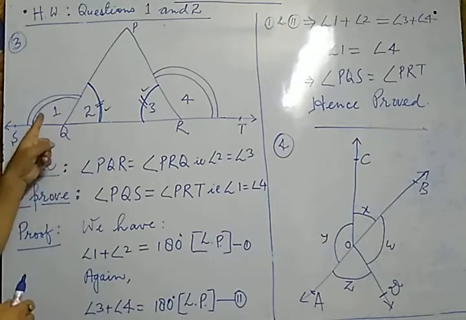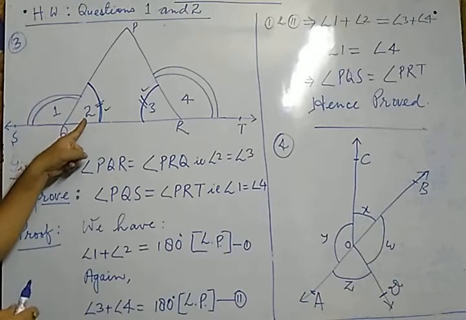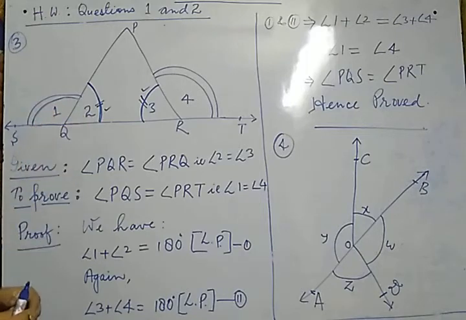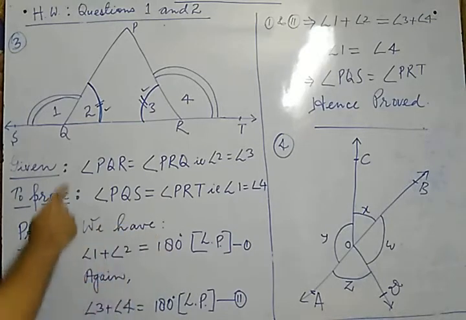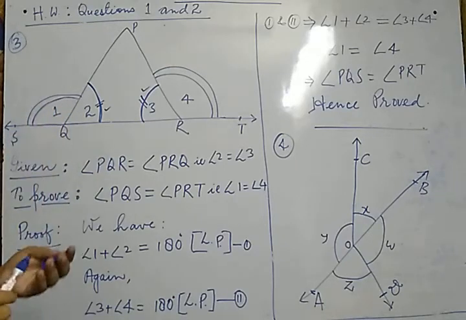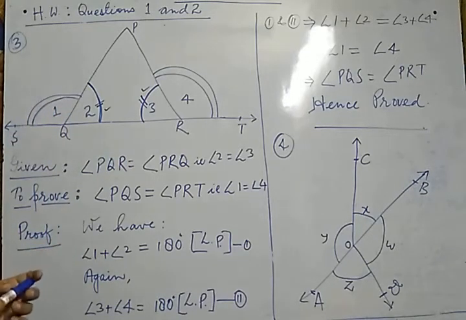So the sum of angle 1 and angle 2 will be equal to 180 degrees. We have angle 1 plus angle 2 equals 180 degrees. Very easily we can say this angle plus this angle are equal to 180 degrees.